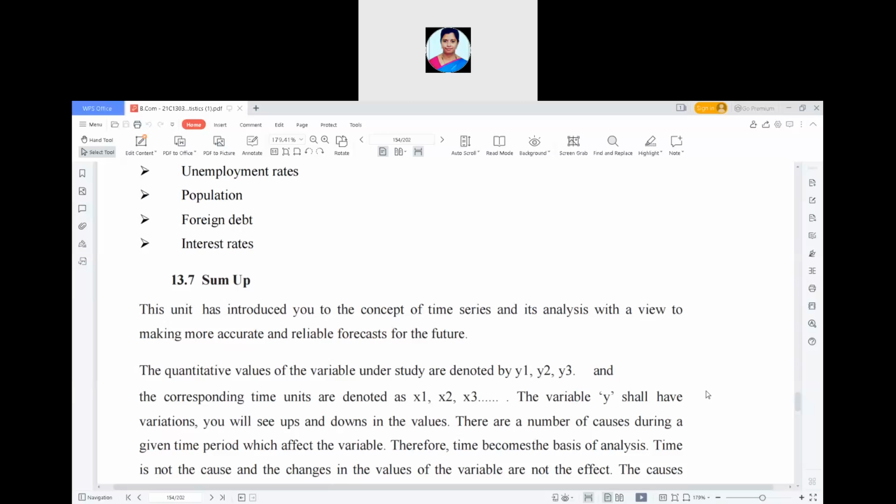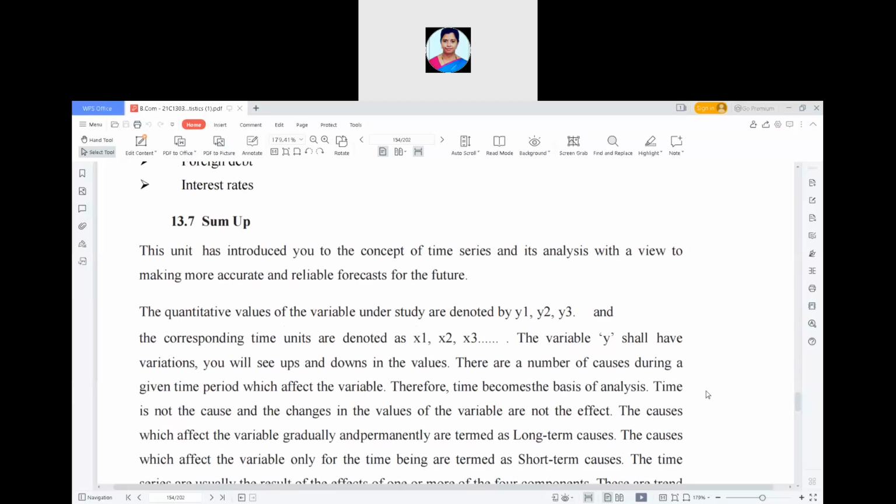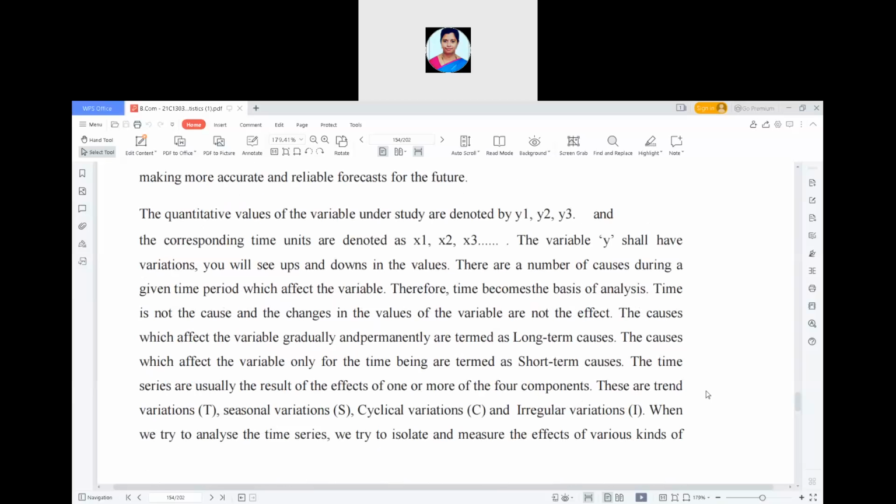The quantitative values of the variable under the study are denoted by y1, y2, y3, and the corresponding time units are denoted by x1, x2, x3, etc. So the value y, as we have already seen, shows variations. You will see ups and downs in the values. There are a number of causes during the given time period which affect the variable.